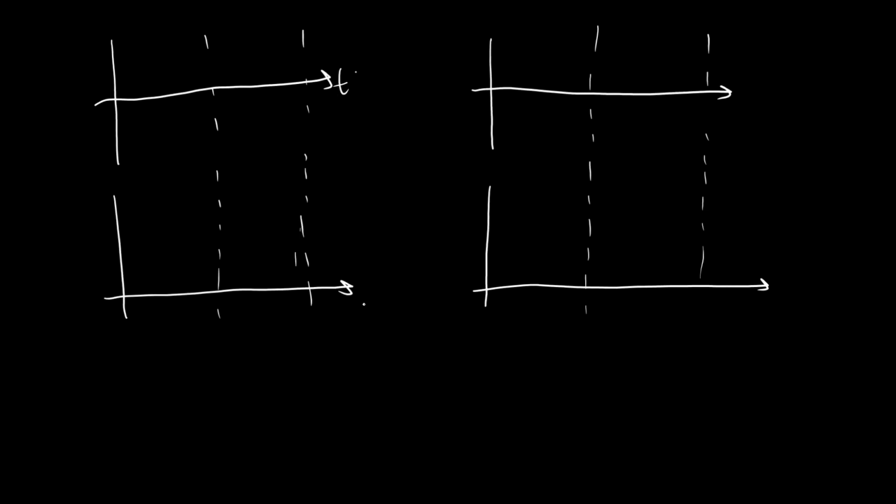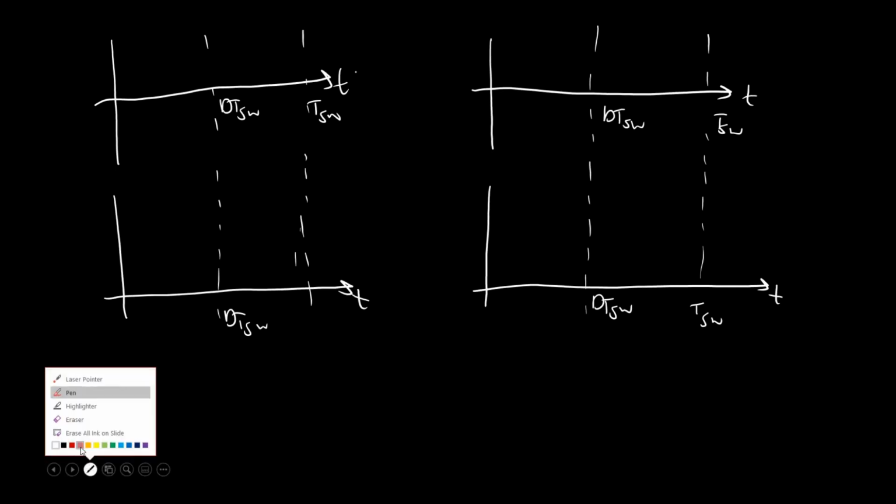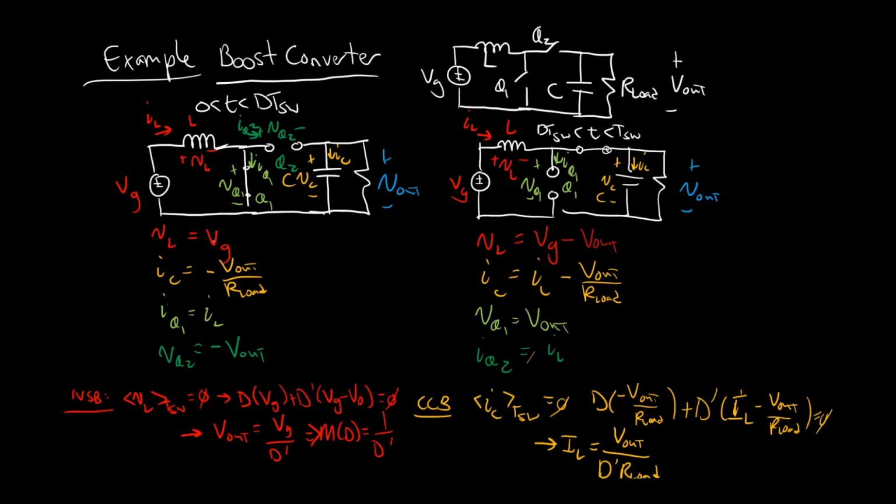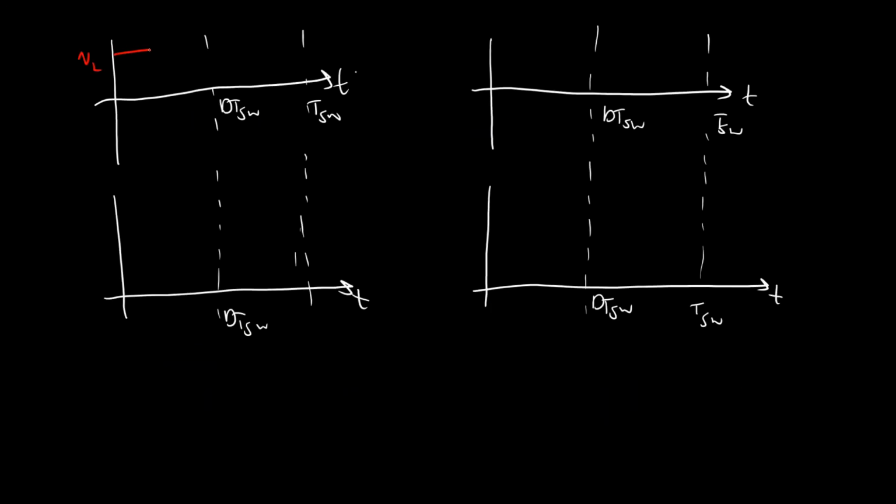The first thing we do is the inductor voltage, then the inductor current, then the cap current, then the cap voltage. This is pretty conventional. Wonderful, let's do it. So VL, in the first subinterval, is VG, in the second it's VG minus V out.